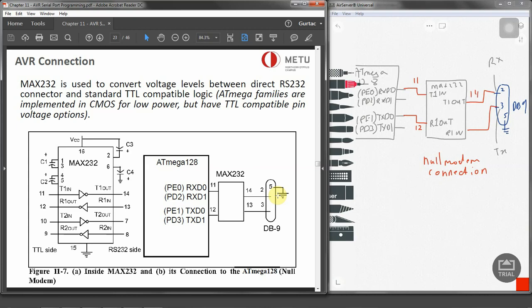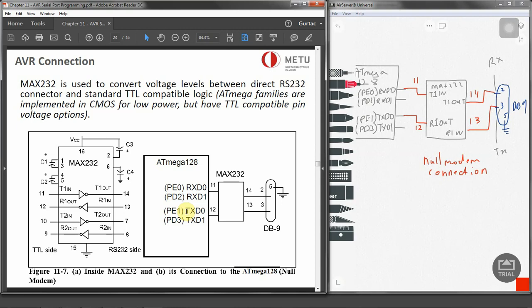This is pin 14 and pin 12, which is R1 in. So we need to know these connections and how to perform them. You don't need to know the inside of that, but you need to know how we need to connect between DB9 and Atmega 128.